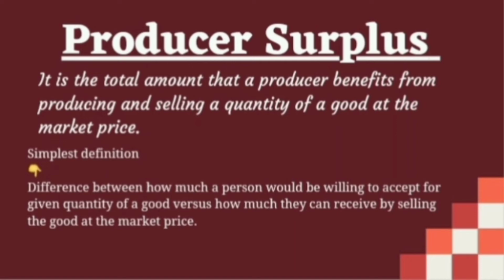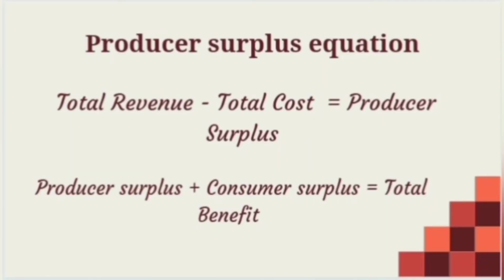In the simplest definition, producer surplus is the difference between how much a person would be willing to accept for the given quantity of a good versus how much they can receive by selling the good at the market price. The total revenue that a producer receives from selling their goods minus the total cost of production equals the producer surplus.